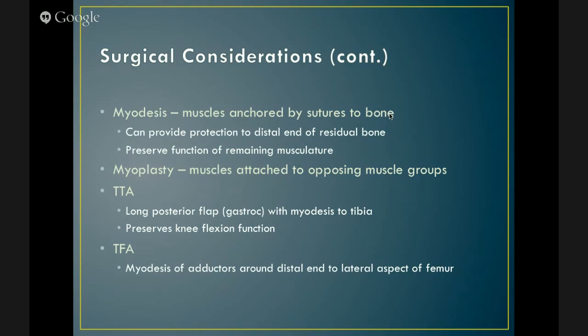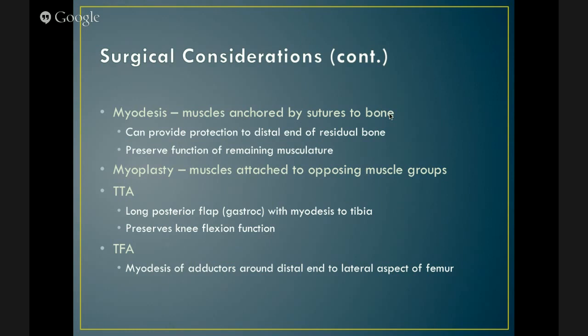And sure enough, it looked like he was bending a knee or straightening it out. But he truly was a transfemoral amputation. What you're seeing is, because it was a myoplasty, these muscles are just sutured to each other, and this tissue is just shifting over the distal end of the bone. So not a great mover, but it does provide that soft tissue coverage.